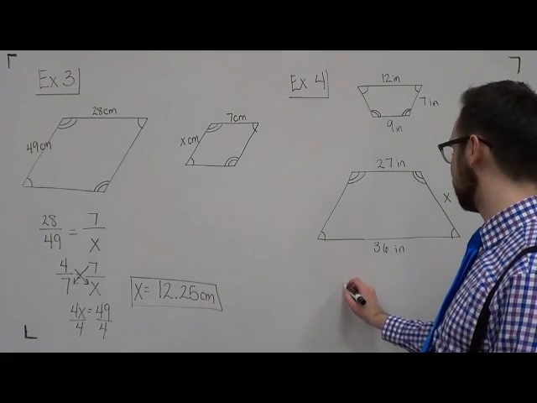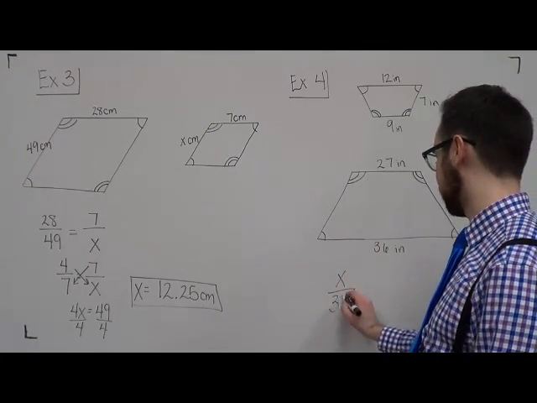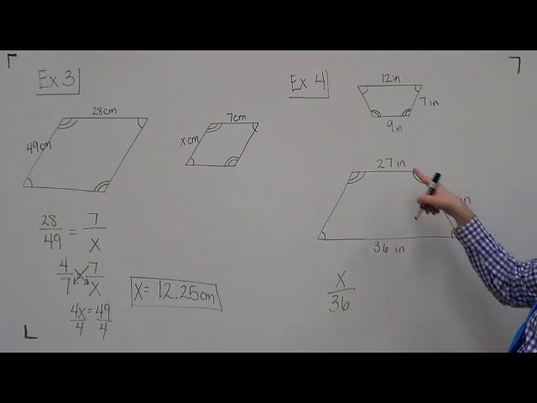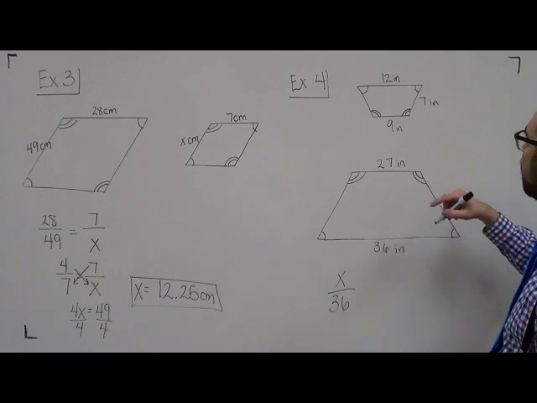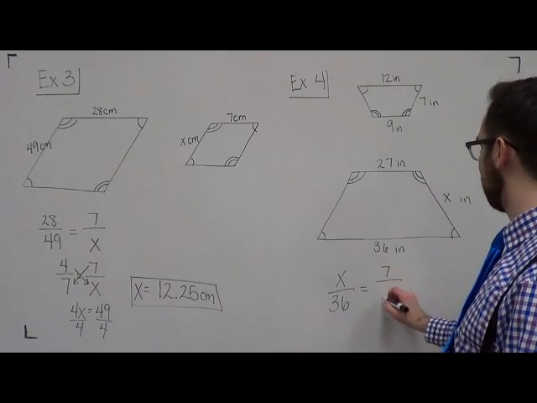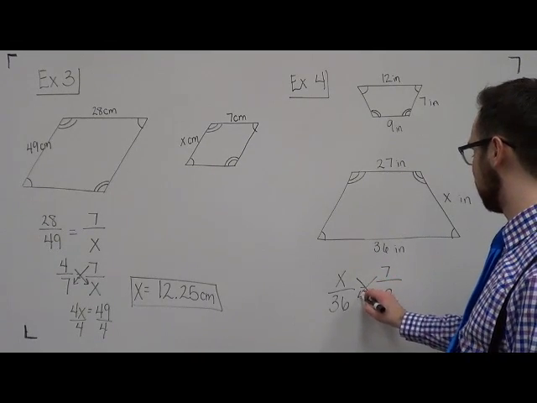So if I do x over 36. So I pick my missing side and the long side. I could do x and 27, that's okay too. Then I'm going to relate that to 7 over 12. Then I cross multiply.